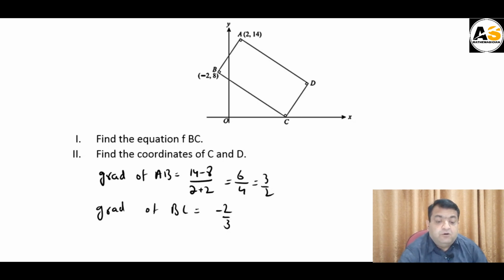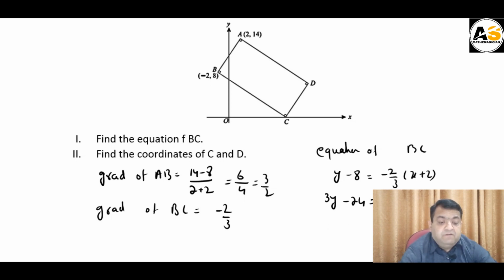Now I will find the equation of BC. y minus y1 is equal to gradient m into x minus x1. This is x1. 3y minus 24 is equal to minus 2x minus 4.